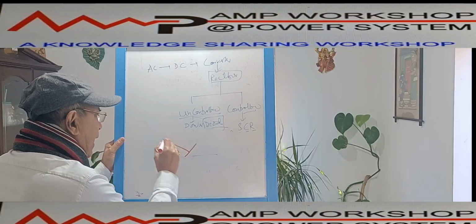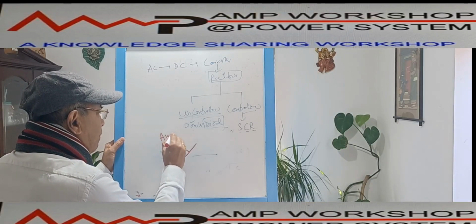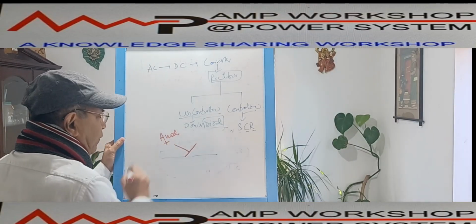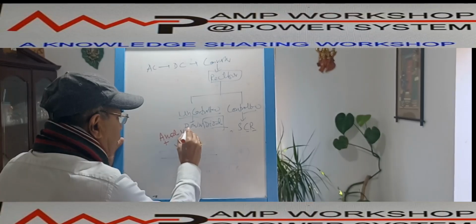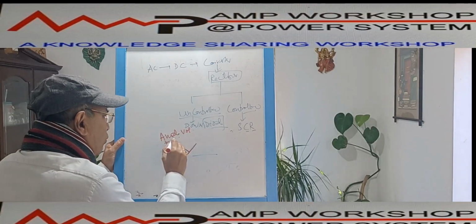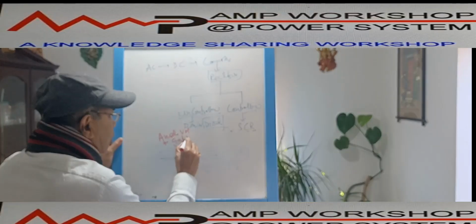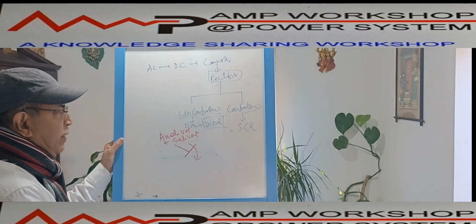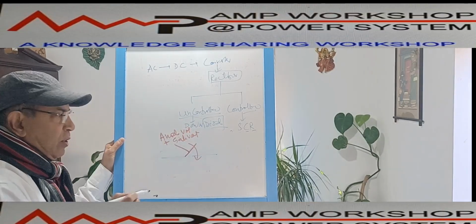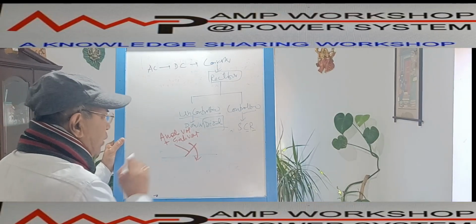Anode voltage is one of the control parameters, anode positive, and in addition to this, gate voltage is also another parameter. To make this switch closed, if you want to close this switch, what do we need?